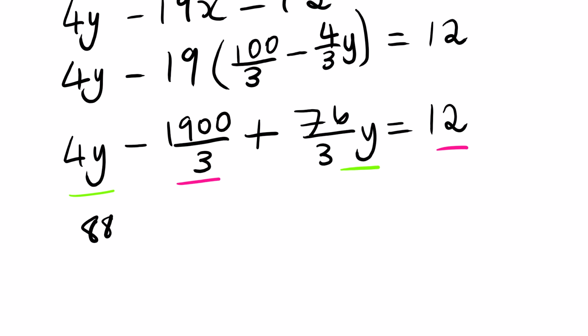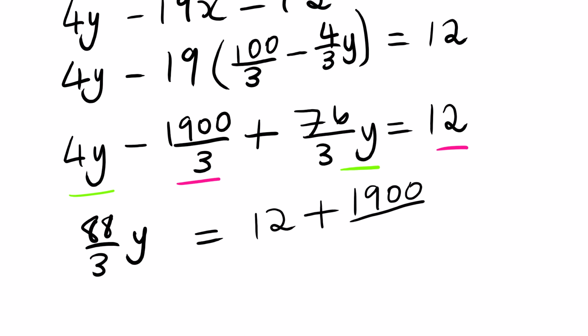So we have 88 over 3 y equals 12 plus 1900 over 3. Our answer is 1936 over 3.